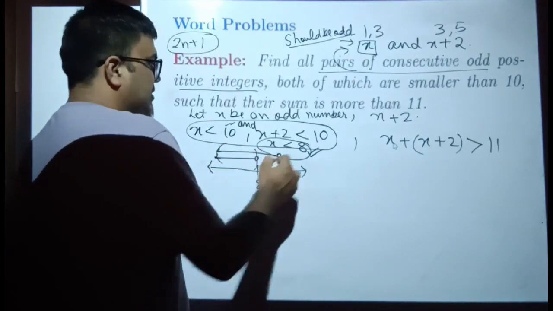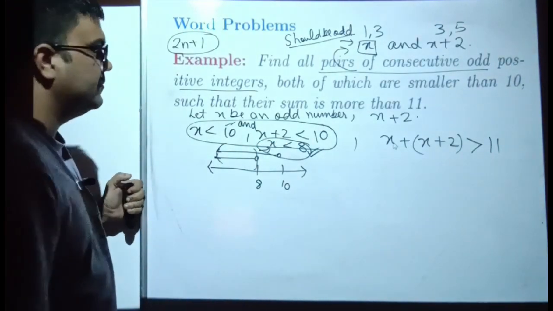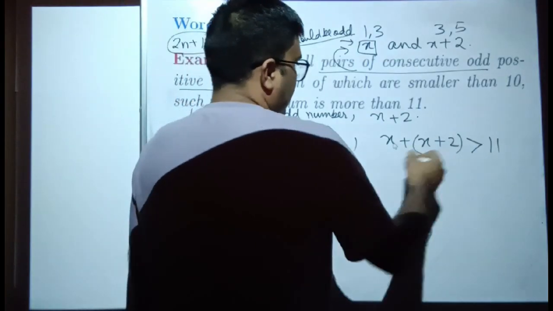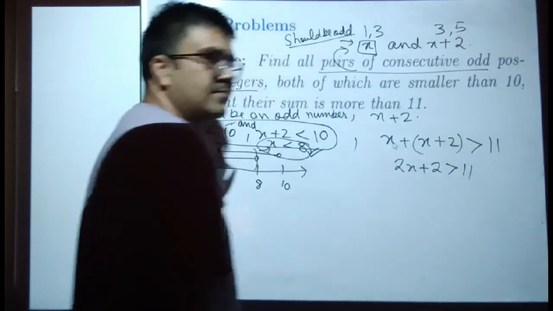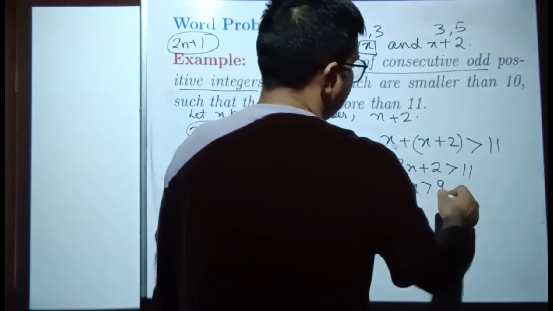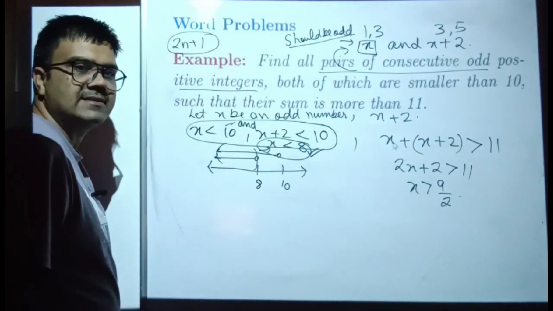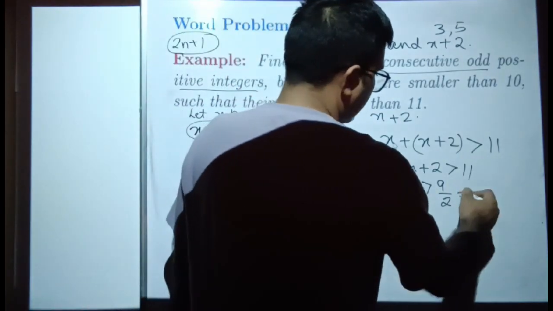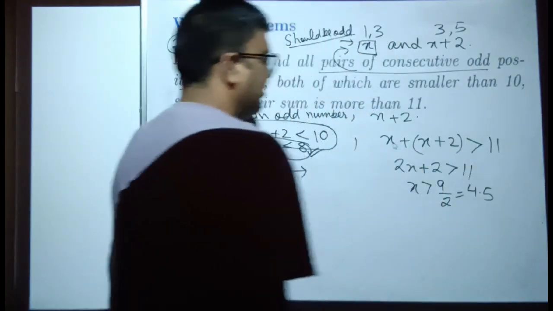The common portion we are left with is x is less than 8. Look at this condition now. It is 2x plus 2 is greater than 11. It means x is greater than 9 by 2, which is 4.5.